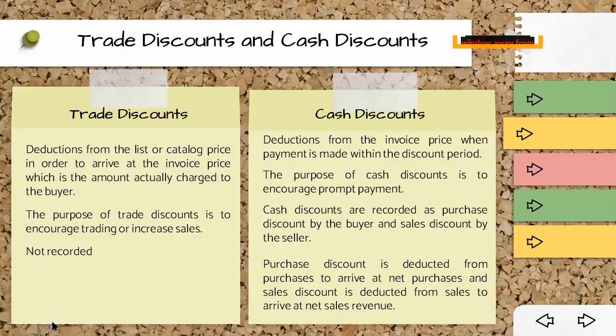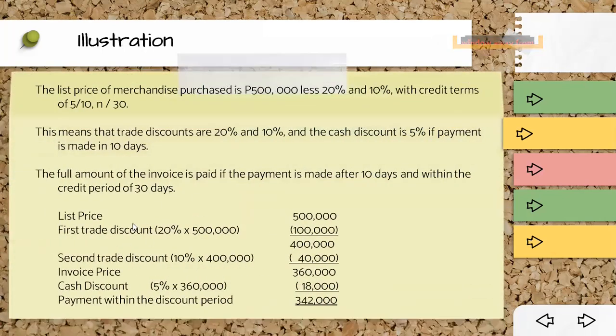I hope you can still recall the concepts of trade discounts and cash discounts. So we have here an illustration. The list price of merchandise purchased is 500,000 less 20% and 10%. These are trade discounts here, with credit terms of 5/10, n/30.